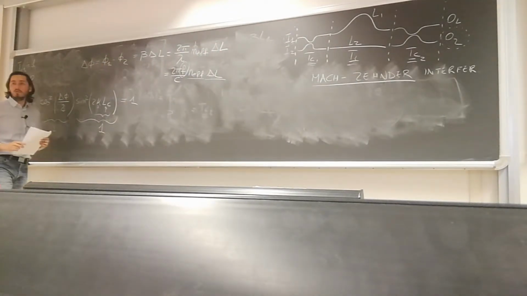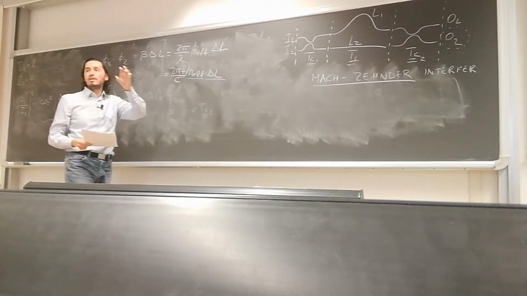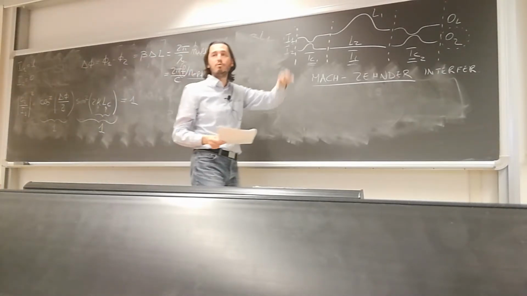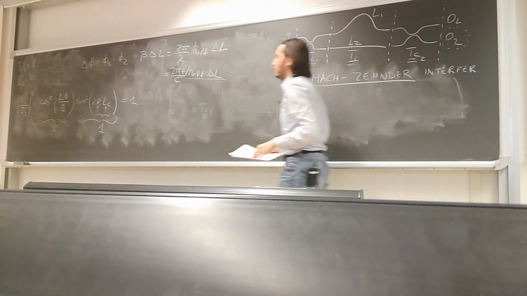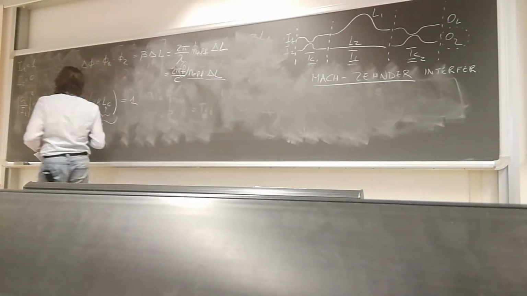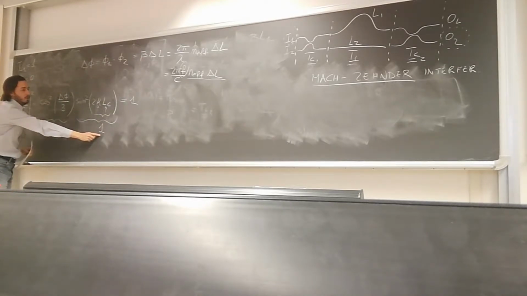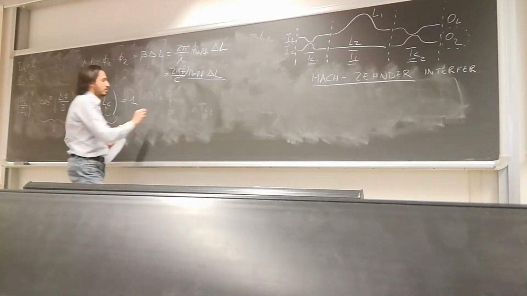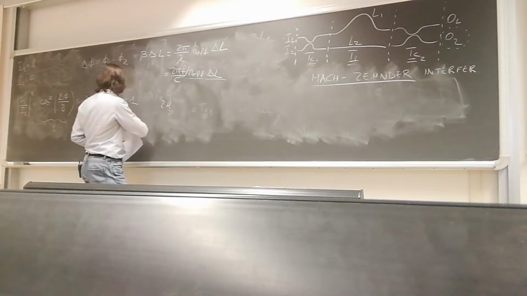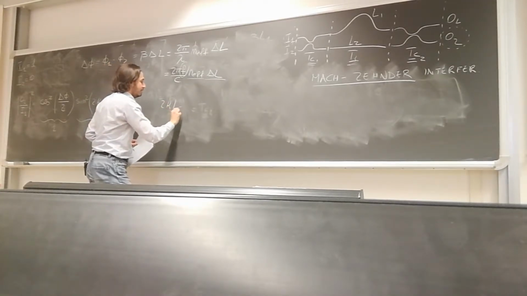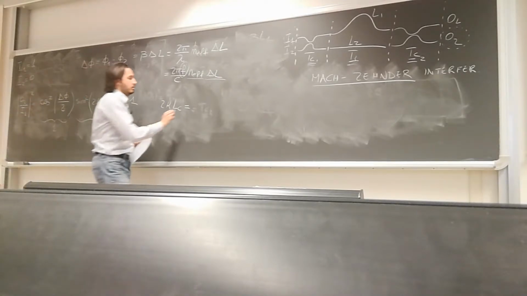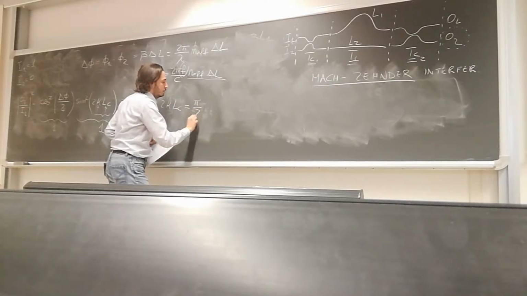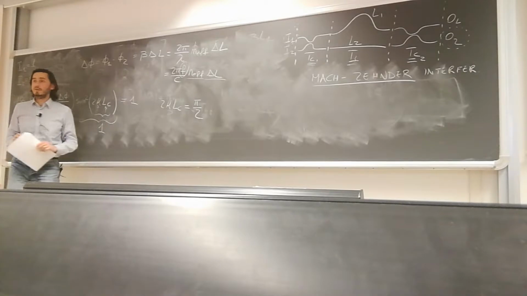So let's start from this. How should I design my directional couplers in order to be able to transfer all the power from one waveguide to another waveguide? So this guy should be 1. So the argument to KLC should be pi half.